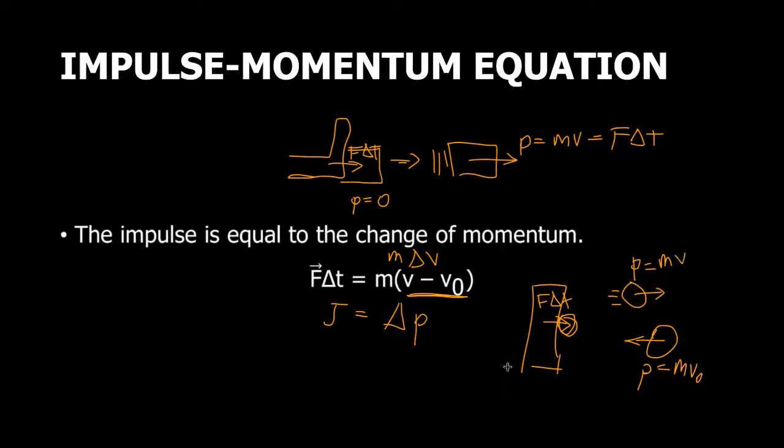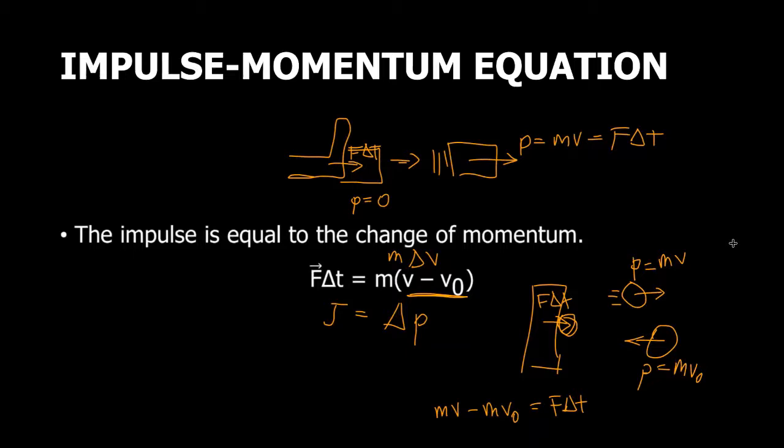So m times v minus m times v sub 0 is equal to F delta t. So yan yung impulse momentum equation. Sinasabi lang yan yung impulse na in-apply mo sa isang object is equal in magnitude dun sa change ng kanyang momentum.